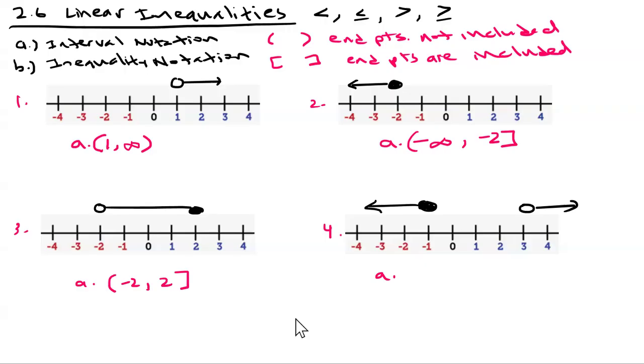Okay. I'm running out of time here. For the last one here, this is going to negative infinity and up to -1, and it's a closed circle, so it's a bracket.